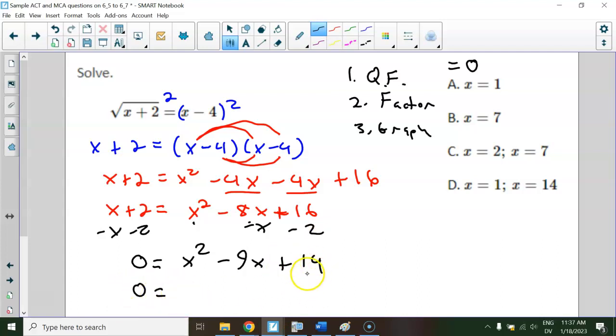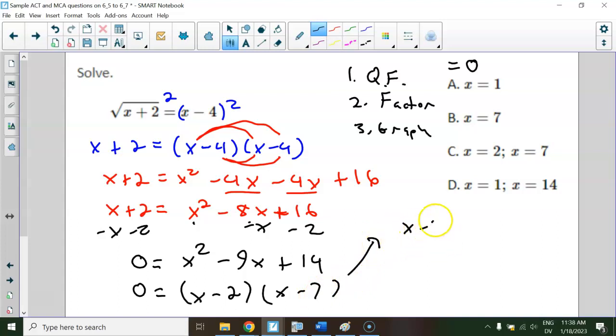Okay, and again, I showed the graph method earlier, which certainly you could just type this in your calculator and find the x-intercepts. Just because it's fast here, I'm actually going to factor. It won't always factor, like you can't always find numbers that multiply to 14 and add to negative 9, but on this one we can. It's just negative 2 and negative 7.